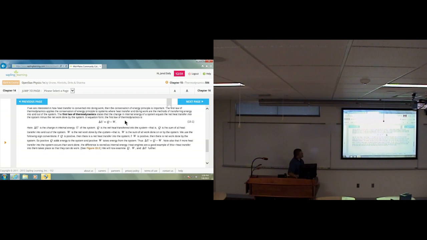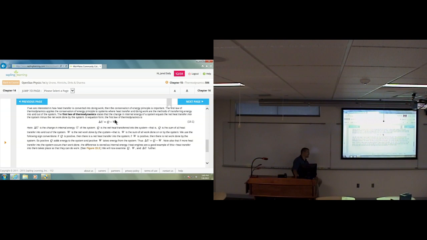Also, they say that it's the net heat transfer into the system minus the net work done by the system. So Q is positive when the energy is going in, and if the energy leaves the system, then Q has to be negative. For the work, that's work done by the system. So work is positive when the work is being done by the system, or the energy is leaving the system to do the work.